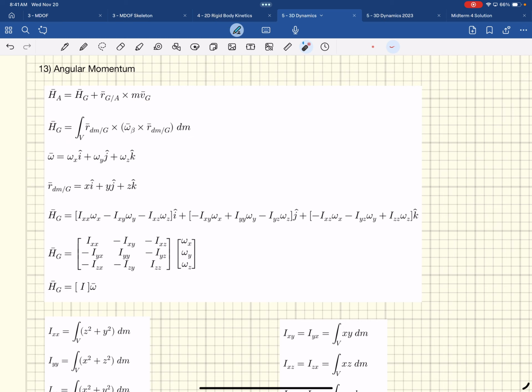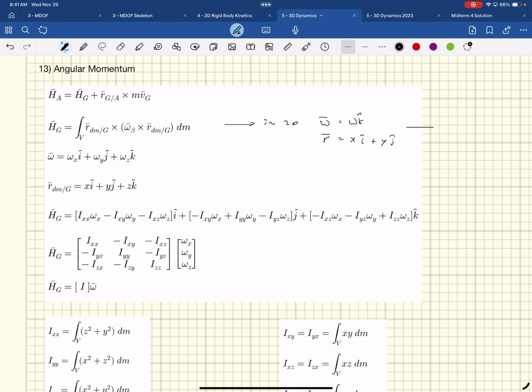The problem now, though, when we did this before in 2D, what's really nice is that in 2D, omega was only in the k direction, and then r was only in the i and j directions.